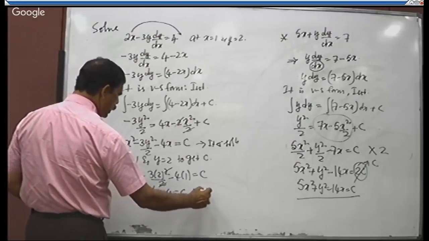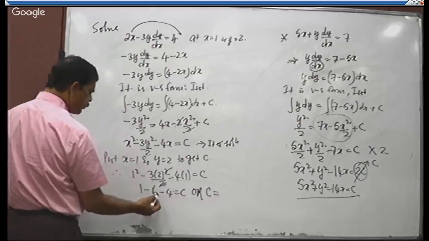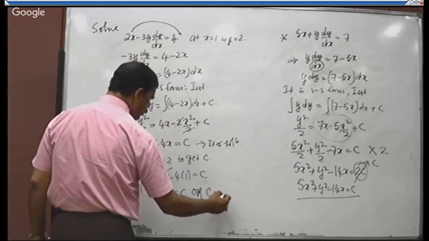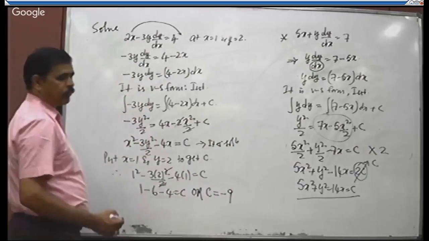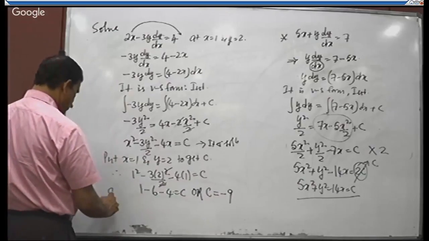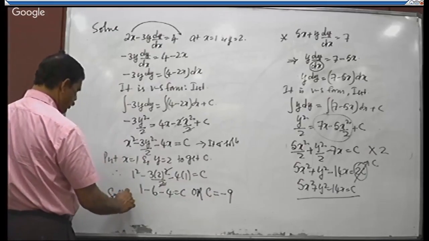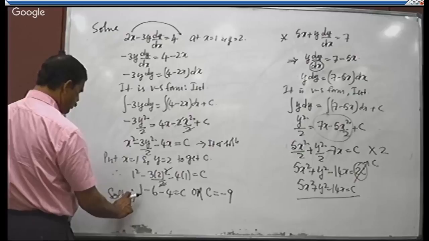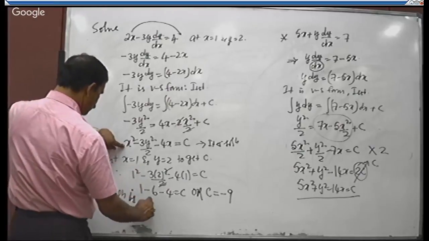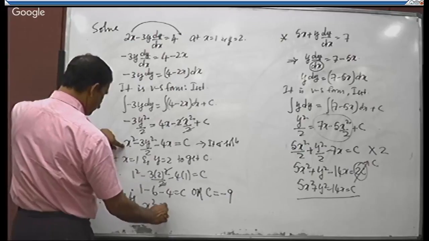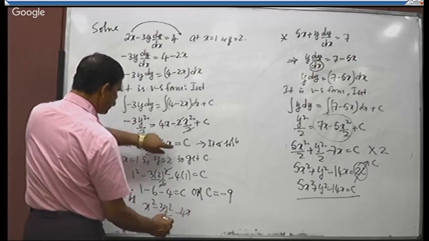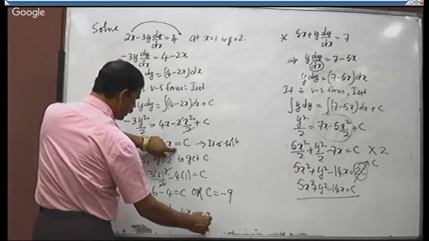Or c is equal to, what is c? 1 minus 10. 1 minus 10 is what? Minus 9. Therefore, the solution is, what is the solution? X square minus 3y square divided by 2 minus 4x is equal to minus 9.